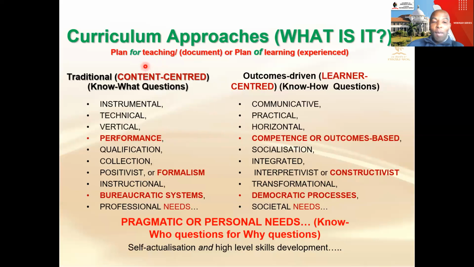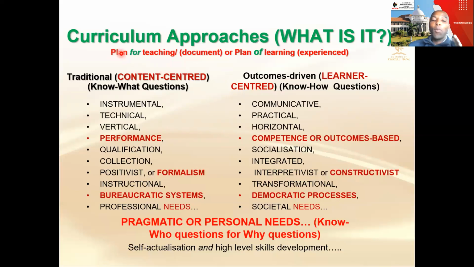So what then is happening in our situation right now? In our situation, taken from that long history that started in 1658, our curriculum is still divided into two competing systems. The first one is the one that we define as a plan for teaching, which is the traditional or teacher-centered one.